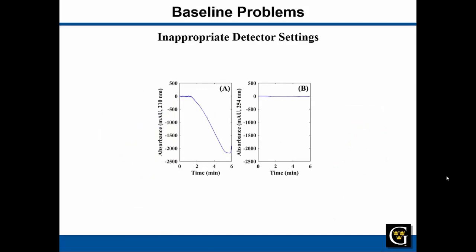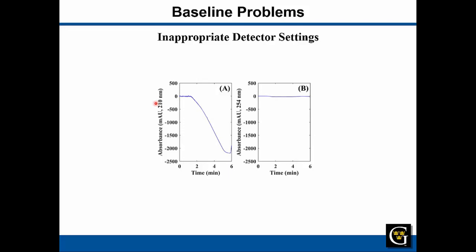The last example here, we have a situation on the left that is highly undesirable. This is a gradient elution analysis where we see that initially the baseline is pretty stable, but then as we get into the gradient, it really slopes off dramatically. And this is because we're using a detector wavelength here in the UV that's too short.